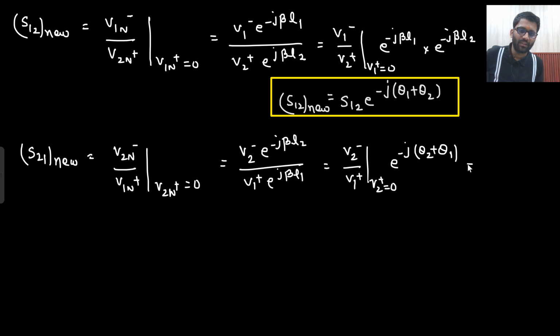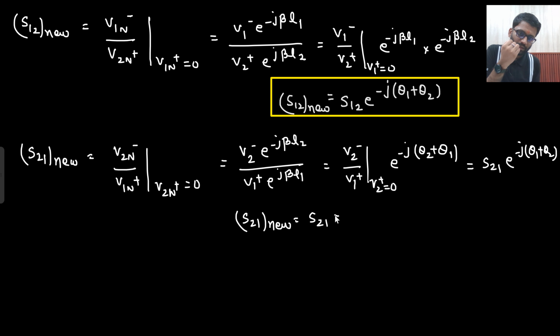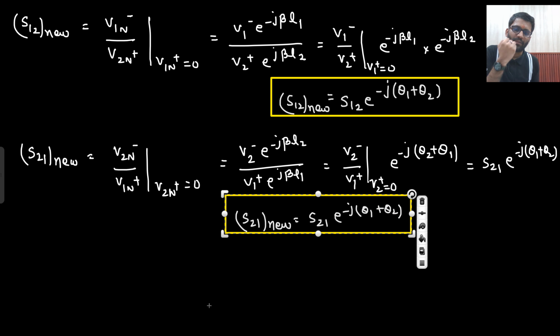Okay. So this equals S21 e to the power minus J (theta 1 plus theta 2). So what you are getting, S21 new is equal to S21 e to the power minus J (theta 1 plus theta 2). So this is your new S21.